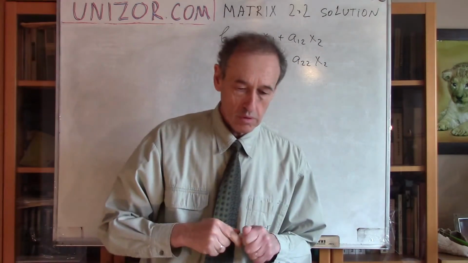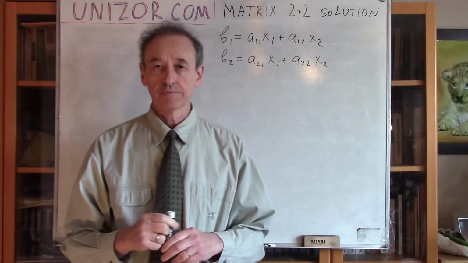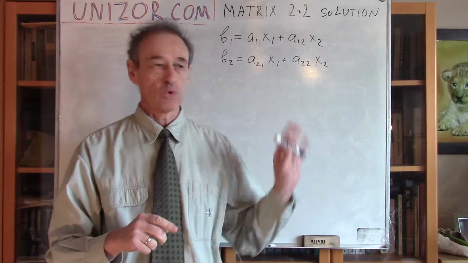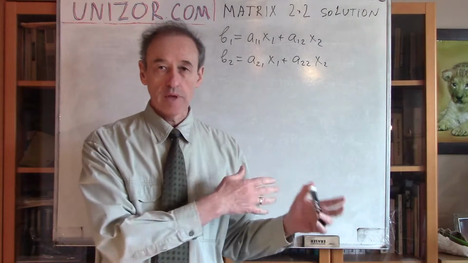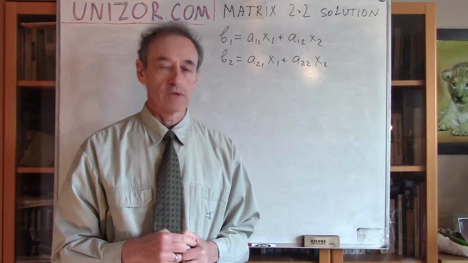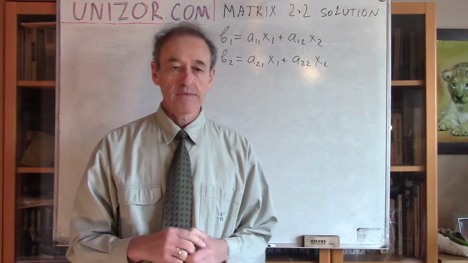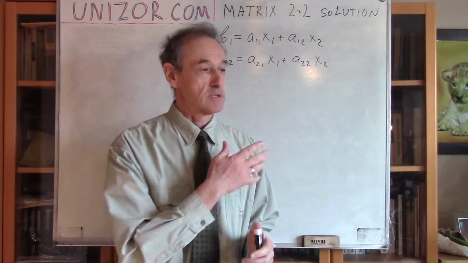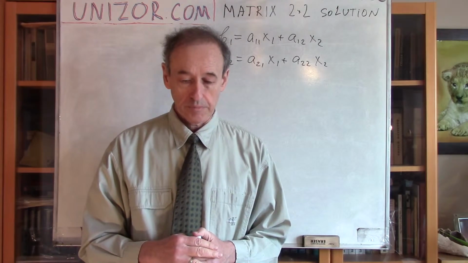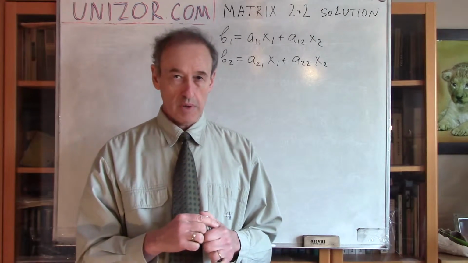I'm sure you would have absolutely no problems solving any particular system like this with real numbers, real solutions, etc. There are different methods to do it, like elimination, for instance, or substitution, or whatever. But that's not what we're going to talk about today.